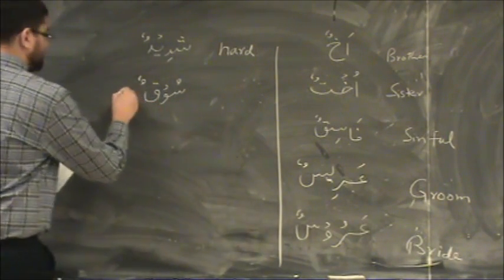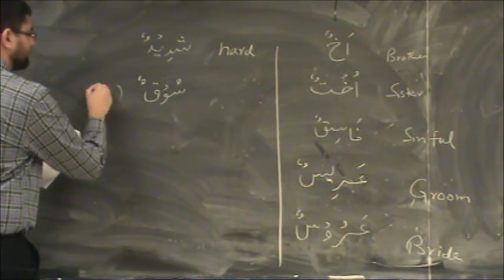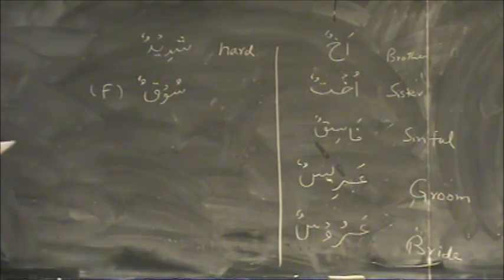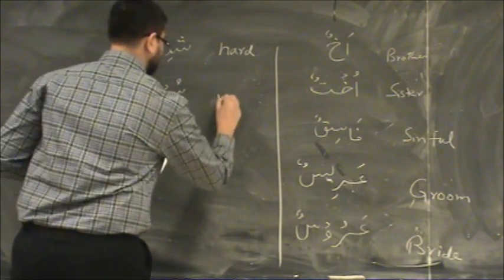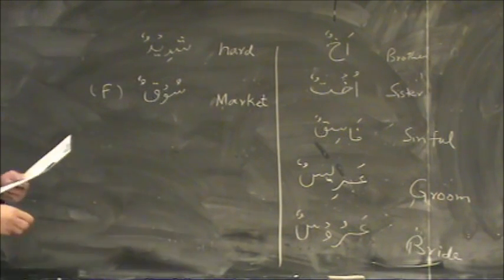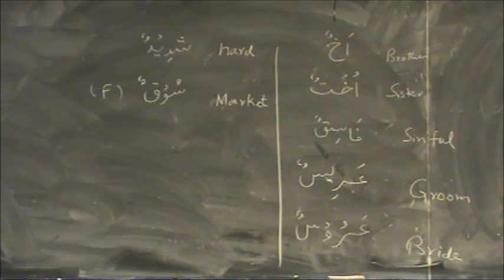Suqun is feminine of third type. Okay. Arabs call it feminine. Suq means market. So you won't make a masculine for this.